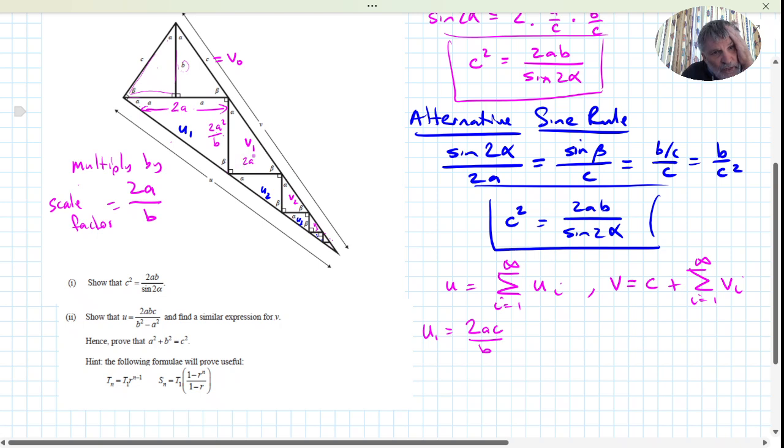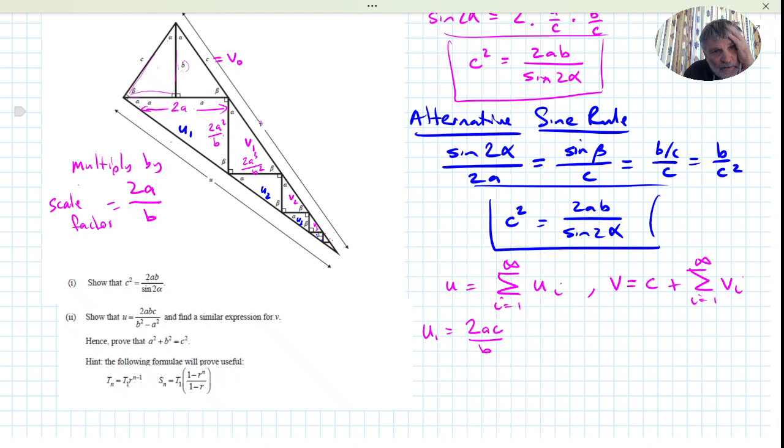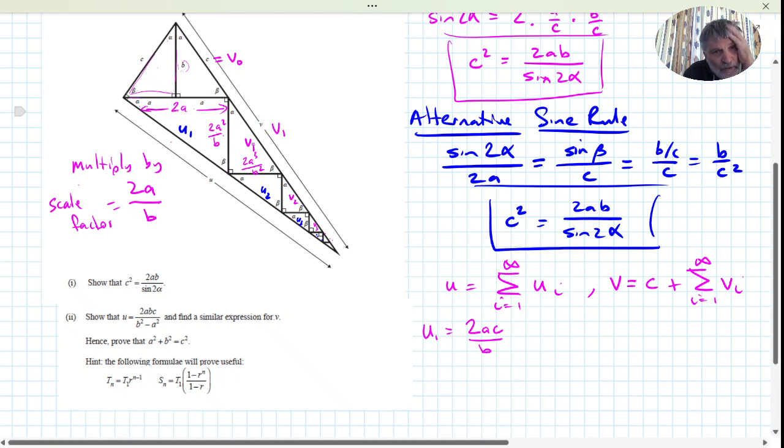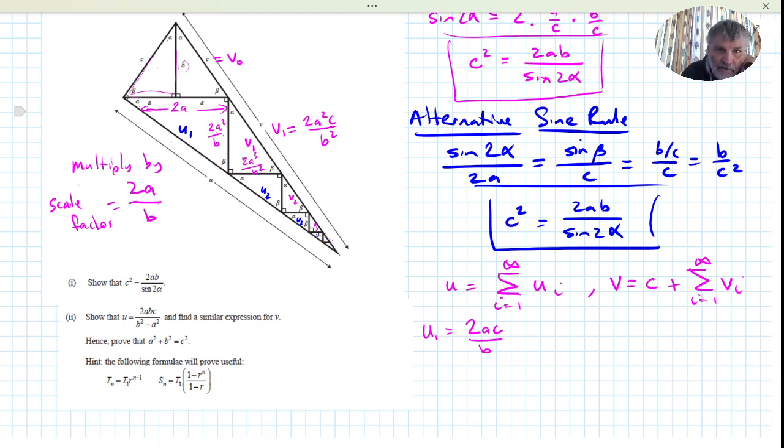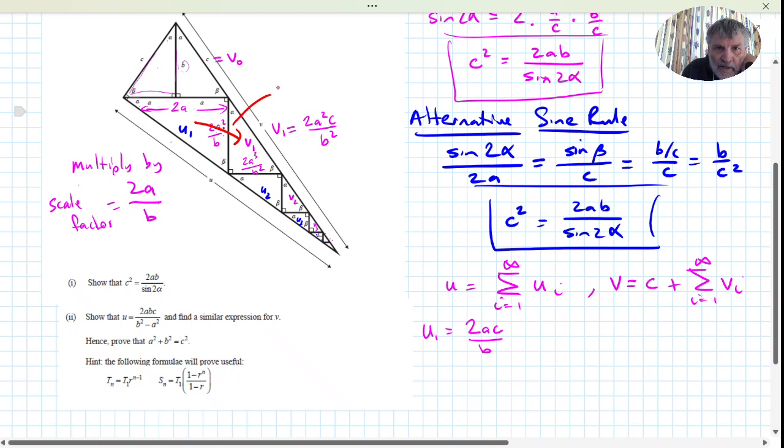So it'll be 2a cubed over b squared. The hypotenuse will be this thing here multiplied by a over b. So this v1 is 2a squared c over b squared. It's taking the u1 and multiplying it by that. So from this triangle to this triangle, scale factor is a over b.